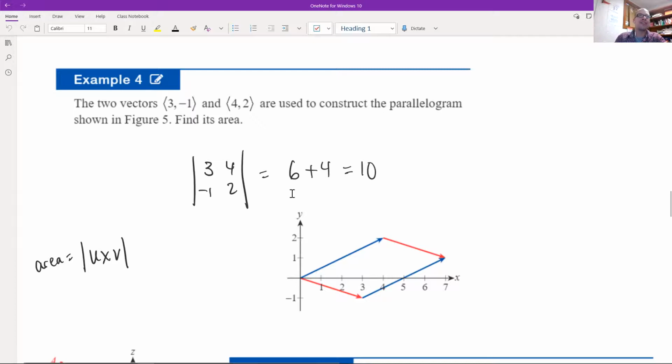So you could add a 0 to the end of these vectors and take the cross product that way. Or you could just think about it as the magnitude of U times the magnitude of V times the sine of the angle in between them. And that would give you the area of that parallelogram as well. But the easiest way, I thought, was the 2x2 determinant.